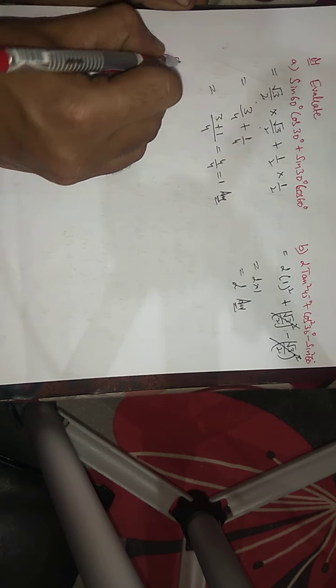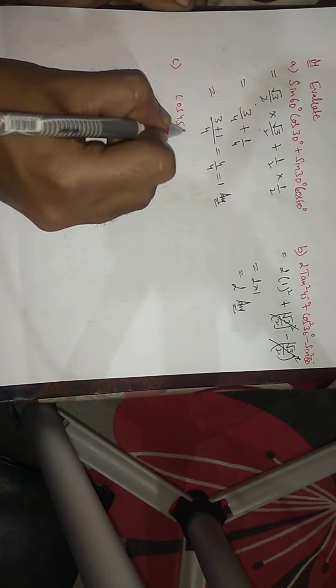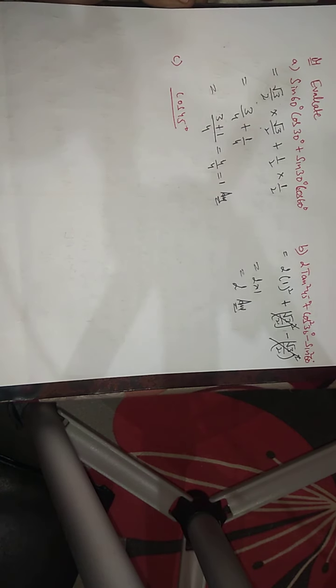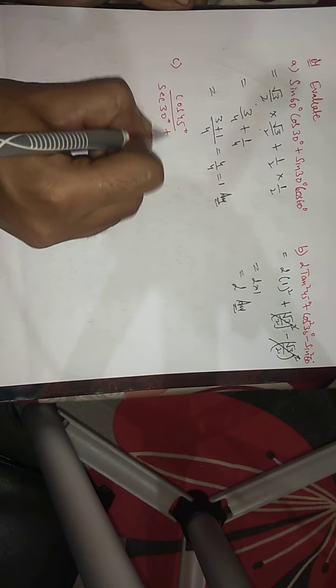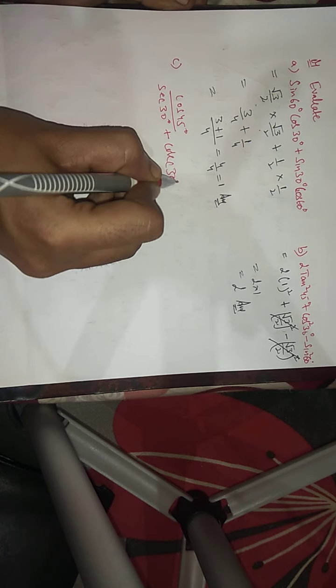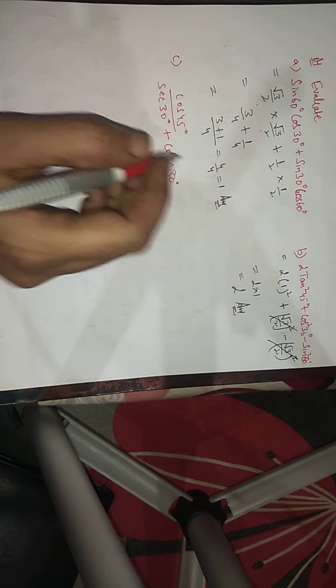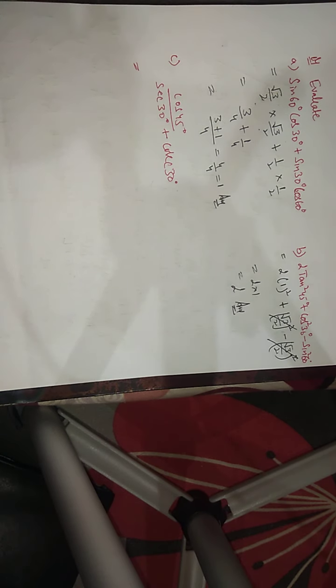Part number 3 is cos 45 degree upon sec 30 degree plus cosec 30 degree. Let us use the values.